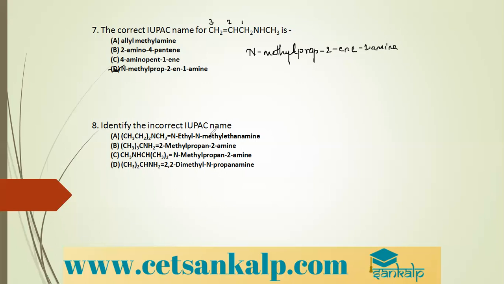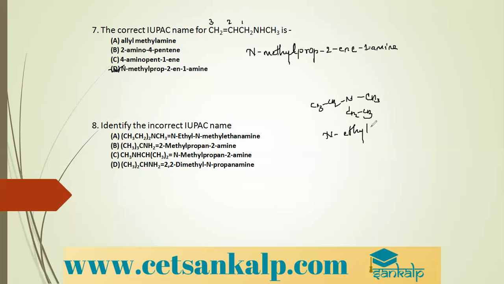Identify the incorrect IUPAC name. The first compound is CH3, CH2, N, CH2, CH3, and CH3. So how do we do the nomenclature?